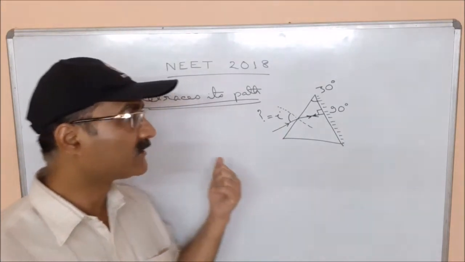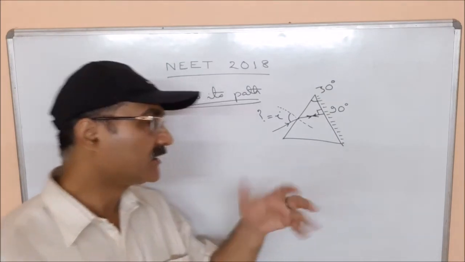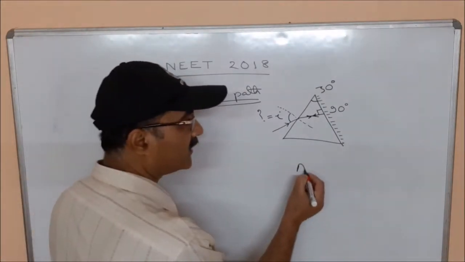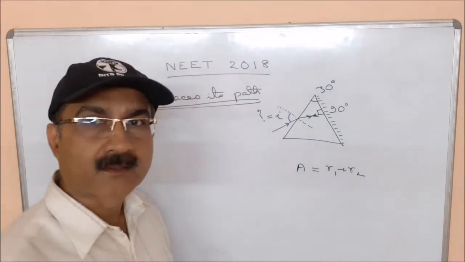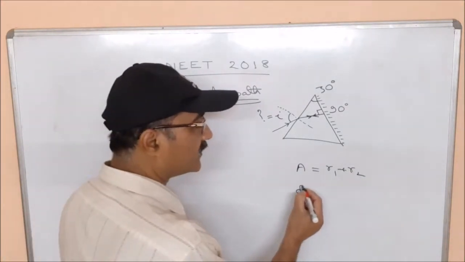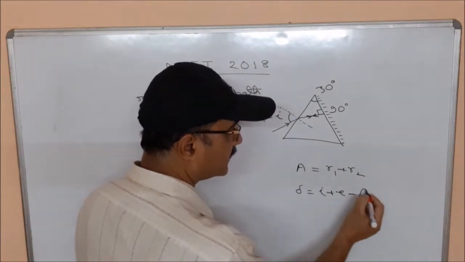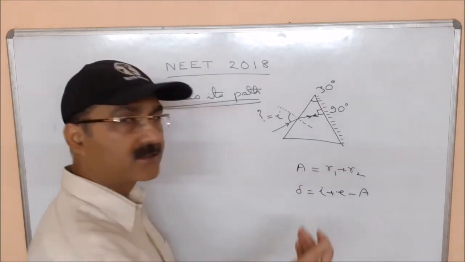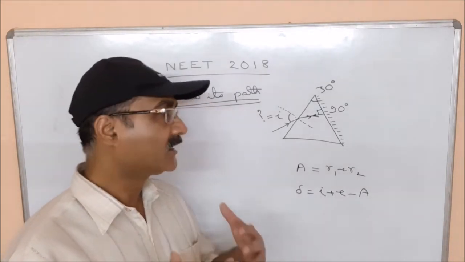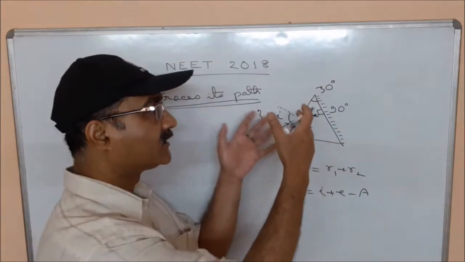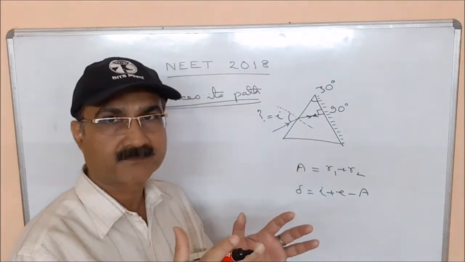So we do not have to use that formula here. There are some other formulas like A equal to r1 plus r2, or deviation is equal to i plus e minus A.